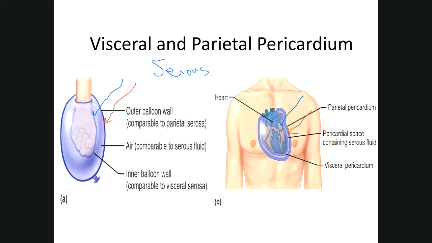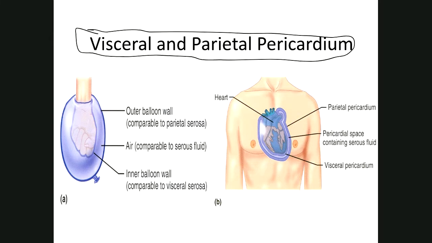It's got two layers. The one touching the organ is called visceral, and the one not touching the organ is called parietal. So we have a visceral and parietal pericardium. This is inside the fibrous pericardium.